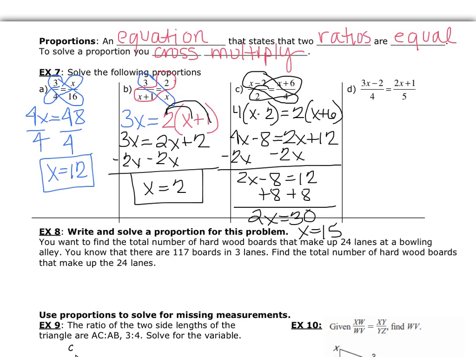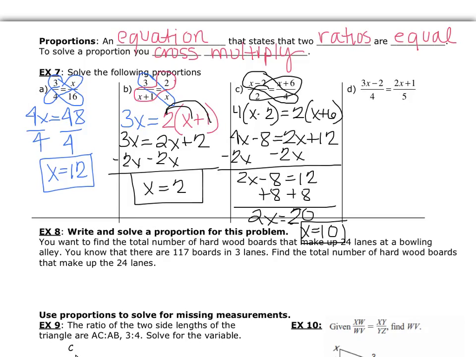Oh, this is 20. There we go, 20. X is equal to 20, so x is 10. So good. I would like you to try D on your own and come to class with it finished.